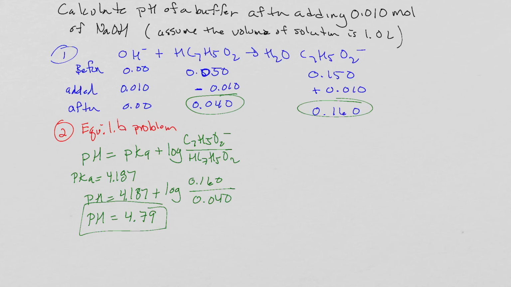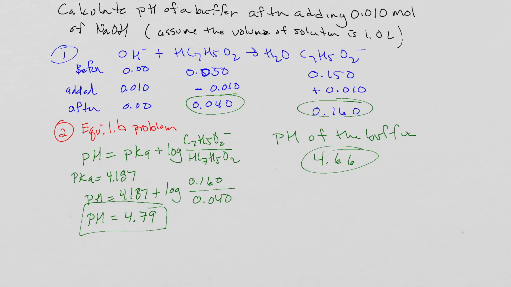So not surprisingly, remember the pH of the buffer that we just did before any addition was 4.66. So the pH has risen from 4.66 to 4.79, right?